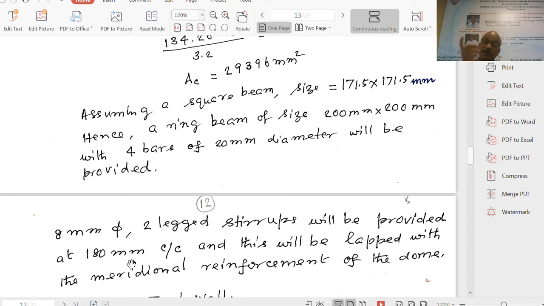We have already provided the dome slab reinforcement at 180 mm center to center. Therefore, the stirrups in the ring beam will be extended and lapped with the main reinforcement of the dome slab, because both are at the same spacing. So they are just connected.